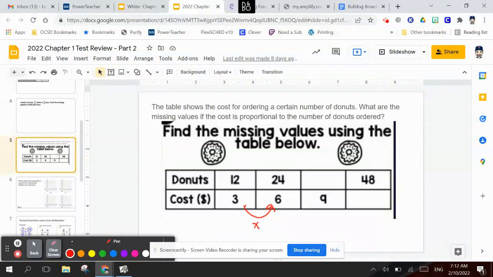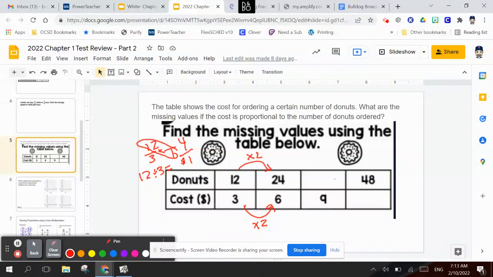Well, I know that 3 times 2 is 6, so I do the same thing up here. 12 times 2 is 24. And also find the unit rate, which is 12 to 3, and how much is 1 donut. Cross multiply, you get 12. 12 divided by 3 equals 4. So you get 4 donuts for $1.